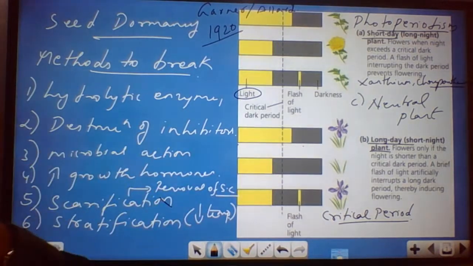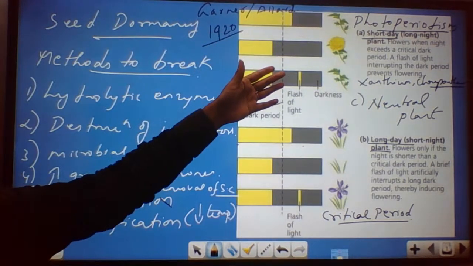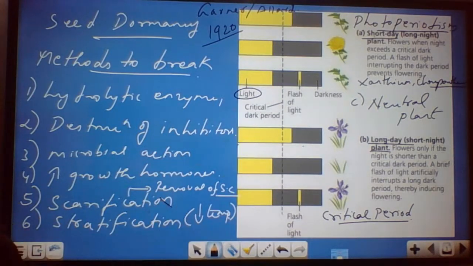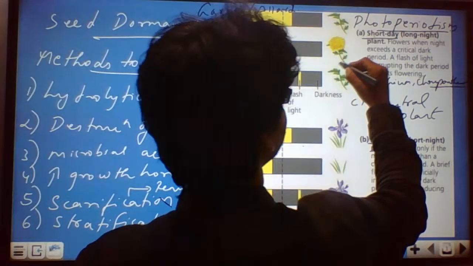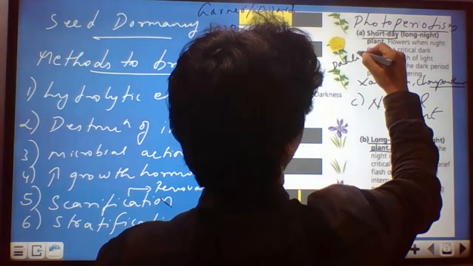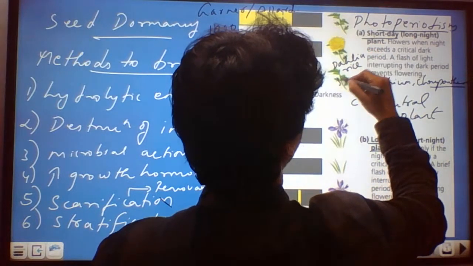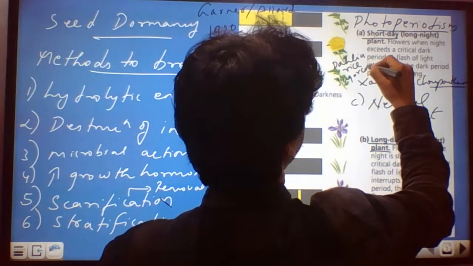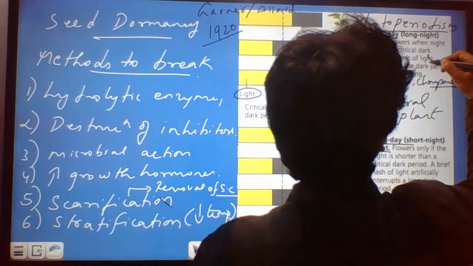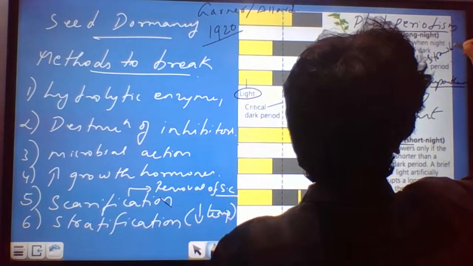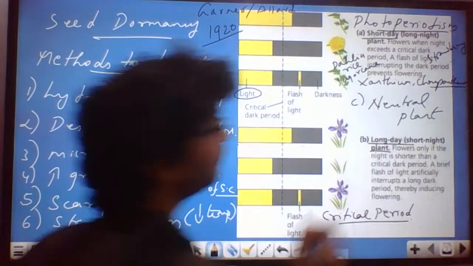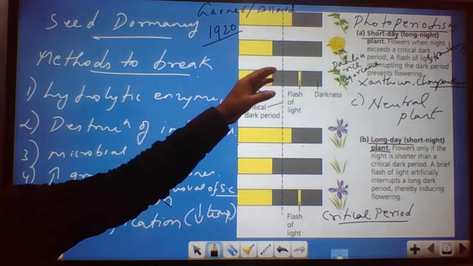Take dahlia, rice, sugarcane, strawberry, right? So these are some of the examples that you can take.